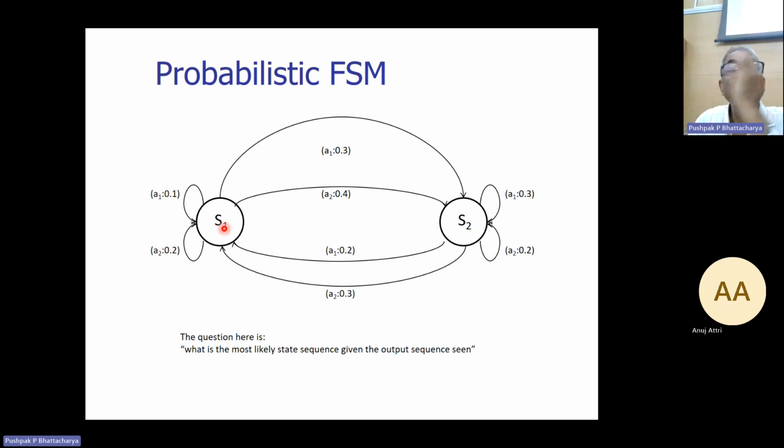So we can remain in state S1 with observation A1 with the probability 0.1. We can remain in S1 observing A2 with probability 0.2.